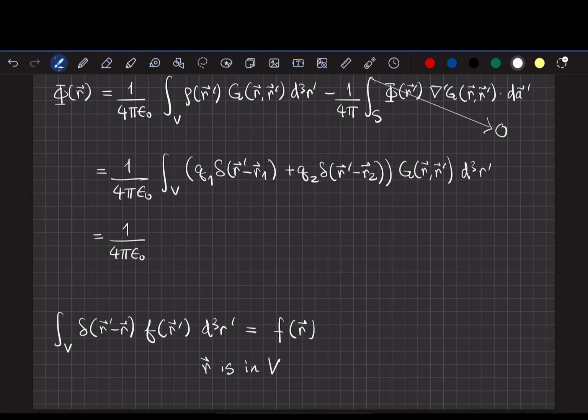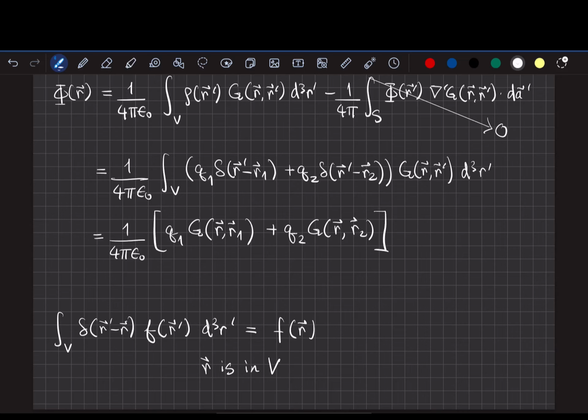So you would have 1 by 4 pi epsilon naught q1. You can replace the r prime with r1 and r2 over here. So we have one term where we have r1, and we would have another term where we replace the r prime with r2.